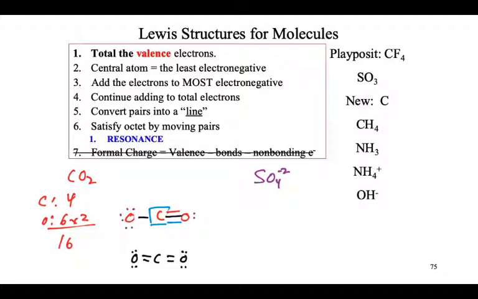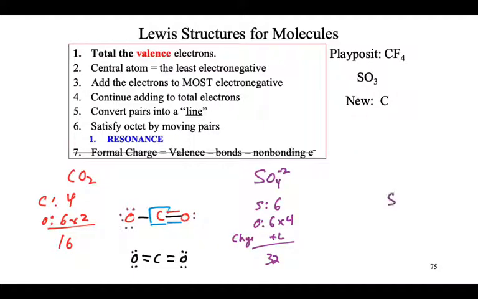Why would I have you do SO4 minus 2? Because it introduces the exact same issue. If we draw SO4 minus 2, electrons on sulfur, 6. Oxygen, 6, there's 4 of them, right? Charge. Total. Sulfur's in the middle.